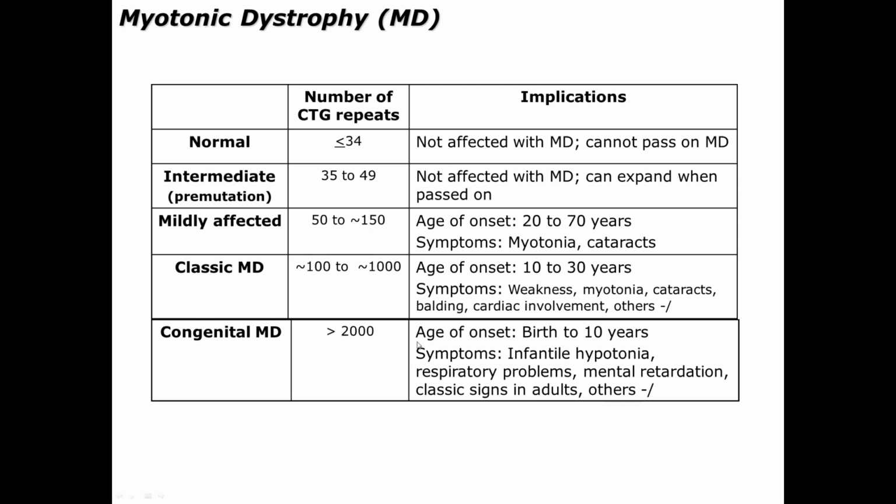When somebody has more than 1,000 repeats, we would expect them to show symptoms very early in life, and oftentimes we'll call that congenital myotonic dystrophy. I'll go into a little bit more about that too.